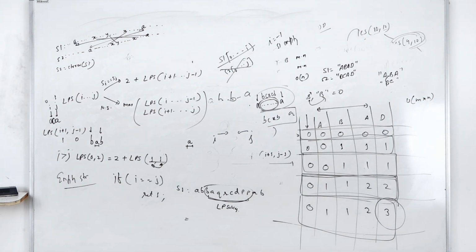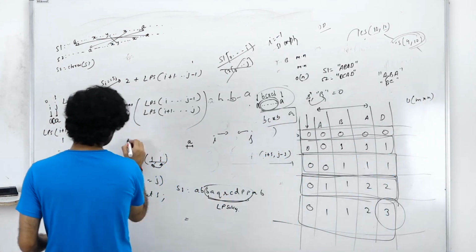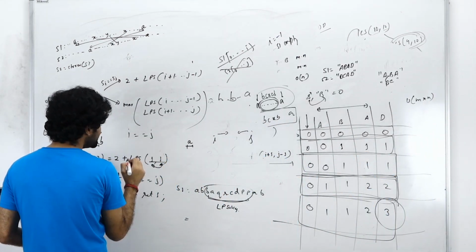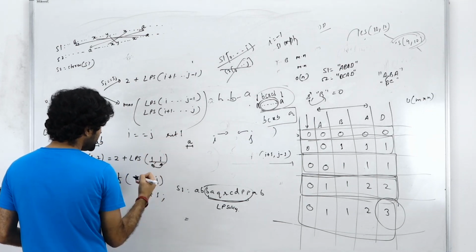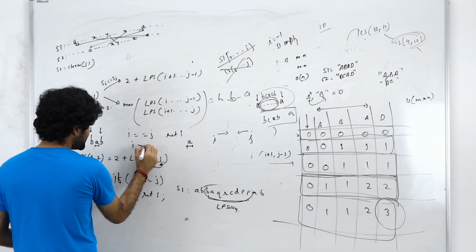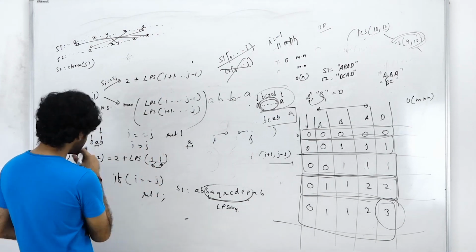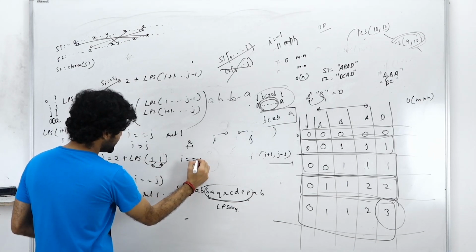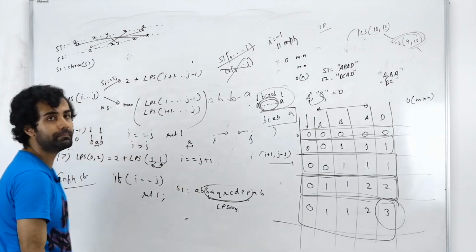Yeah, so there are two termination conditions that I have to take care of. First termination condition is where my I is equal to J, so I will return my answer as 1. And if my I is greater than J, can I say that it is the same as I equal to J plus 1? Because the moment they take each other over, I becomes J plus 1.